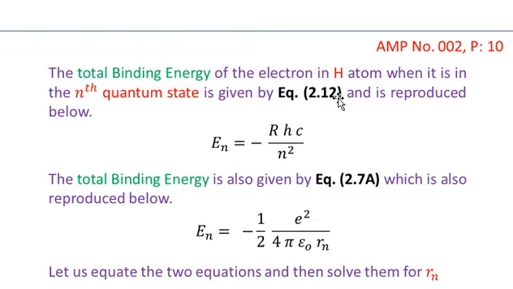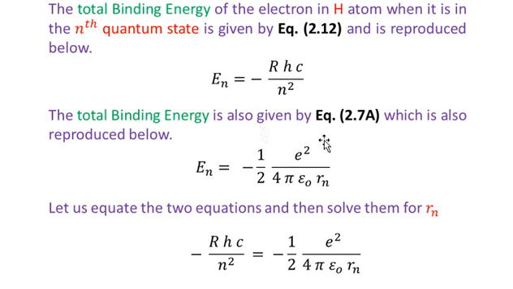The total binding energy of the electron in a hydrogen atom when it is in the nth quantum state is given by equation number 12, which is reproduced below. So En is equal to minus RHc over n square, as shown in equation number 12.